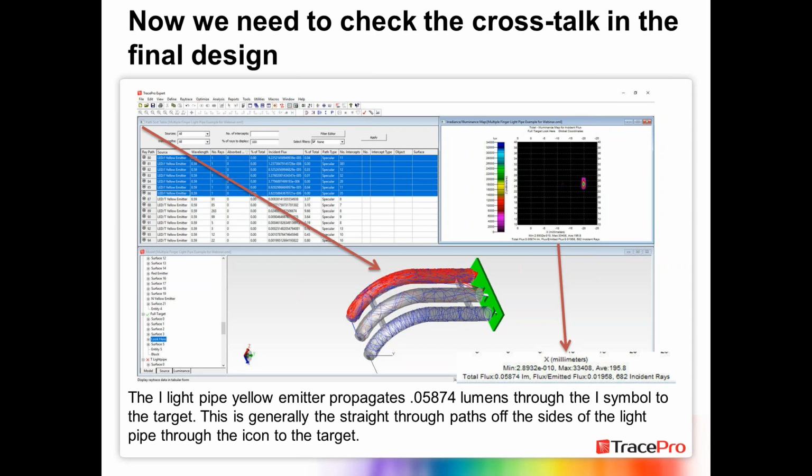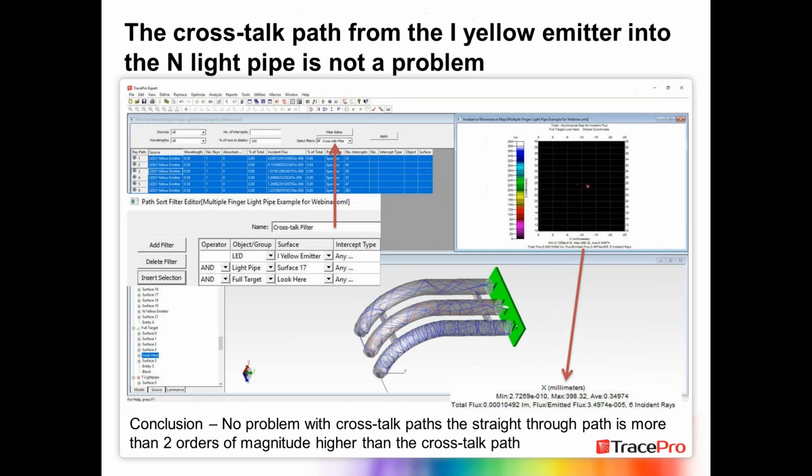I took a look using the crosstalk capability in the program, and then I went over to the N and said, okay, show me how much power is coming through for the N. It is definitely much, much lower. It's 0.0001, which is almost 3 orders of magnitude lower. It definitely says that our 2 orders of magnitude higher crosstalk path is not there, and we're looking good. So we don't have a crosstalk problem, in other words.